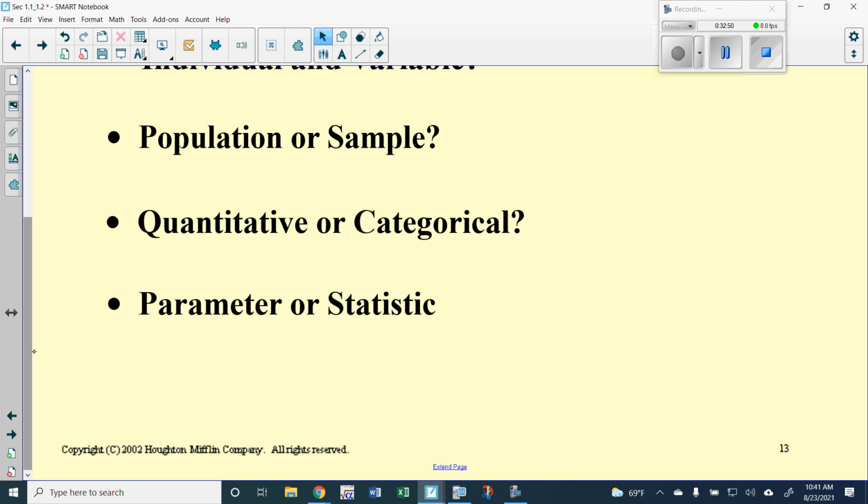That's a parameter. Did they actually go through and measure everyone? No. So you have to use samples. You have to use statistics to determine things about populations, especially when populations are big, because you can't just ask everybody. Okay.